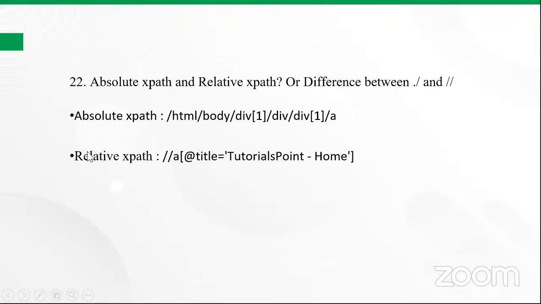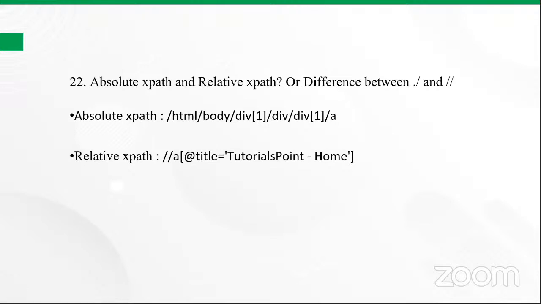Why is relative XPath used? Because if an element is removed or added in the DOM structure, the relative XPath is not impacted, whereas the absolute XPath is impacted. Why is the absolute XPath impacted? Because if one or more elements are removed, the path is not correct.